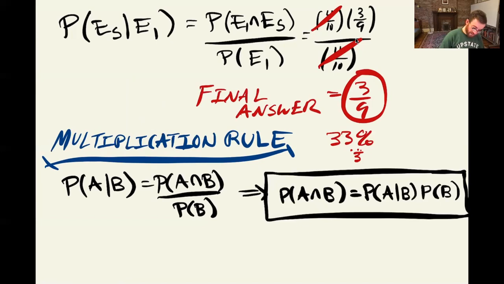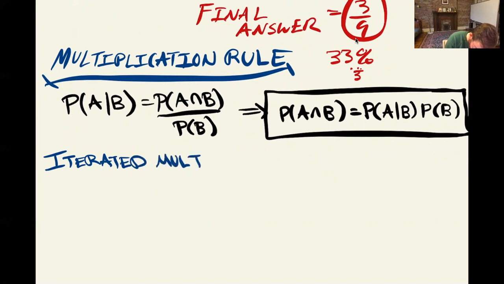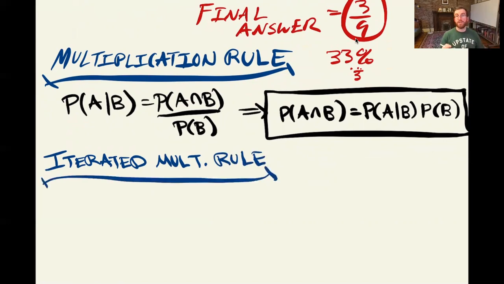All right, so let's consider a slightly fancier version of this rule. So there's also an iterated multiplication rule. Iterated meaning you're now going to consider a whole string of events occurring.